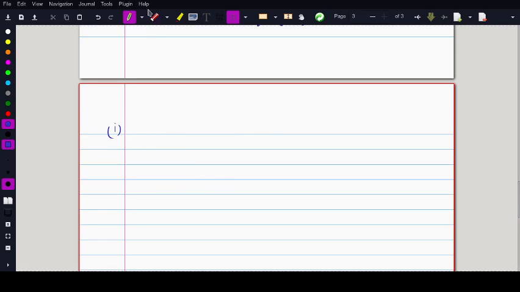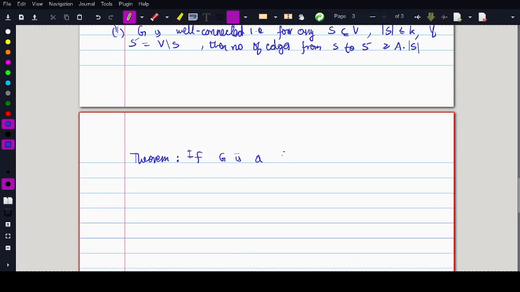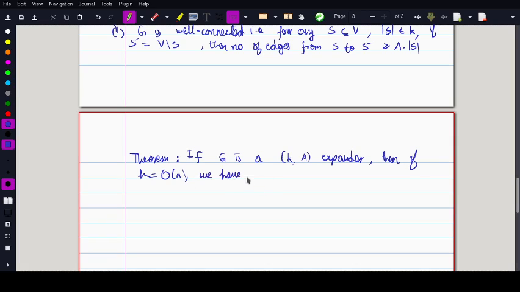This is like a theorem: if G is a (K, A) expander, then for some large K, if K is of order n, then G has a logarithmic diameter.